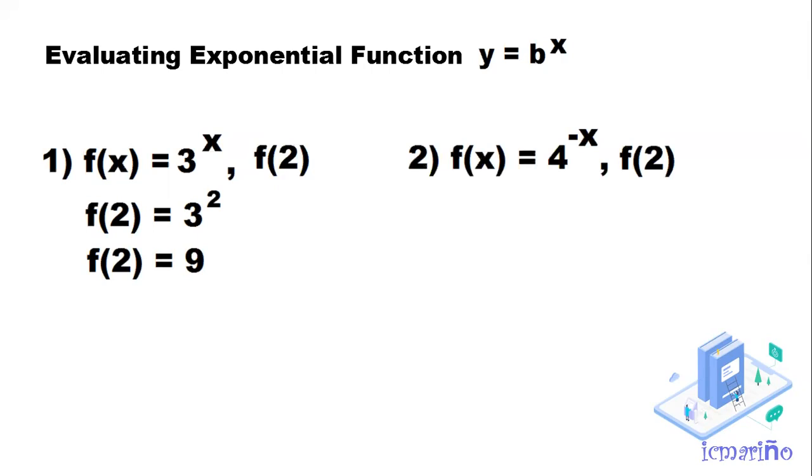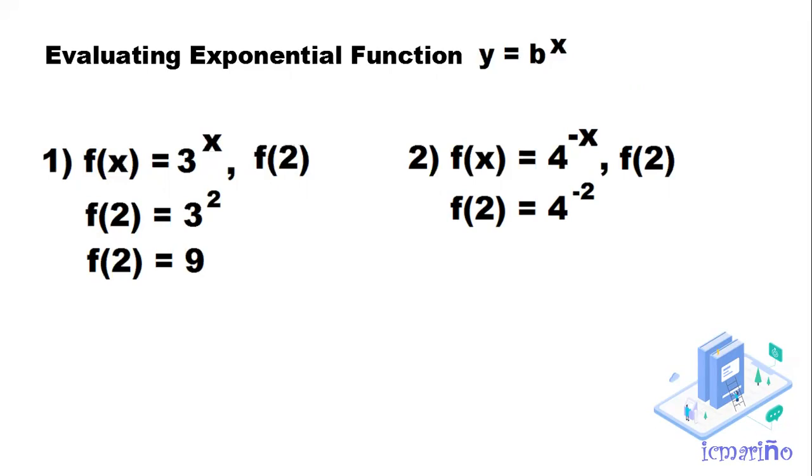Next, f of x is equal to 4 raised to negative x, and f of 2. We're going to evaluate this equation at 2. So f of 2 is equal to 4 raised to negative 2. Now, if we have a negative exponent, what do we need to do?